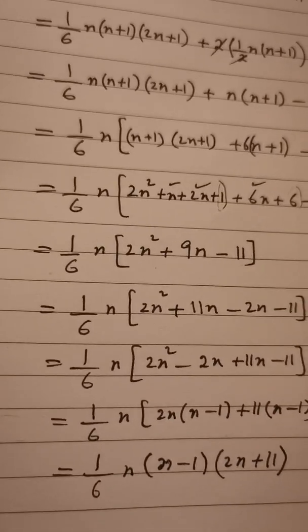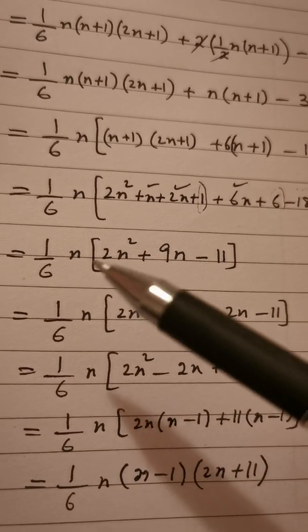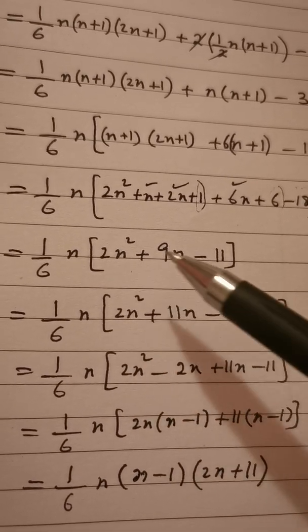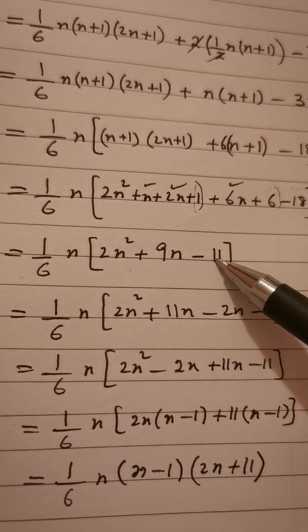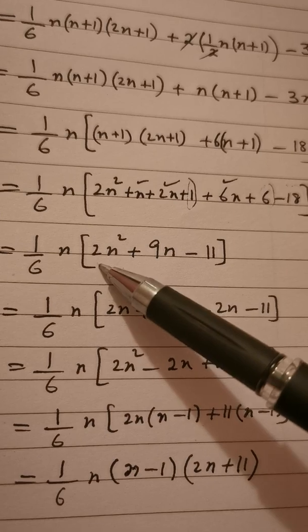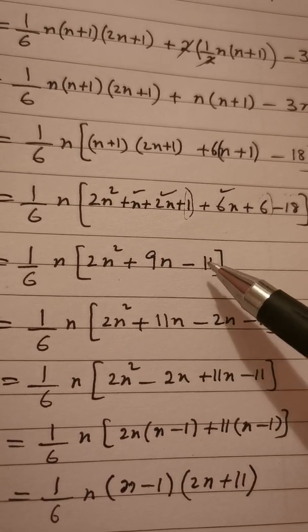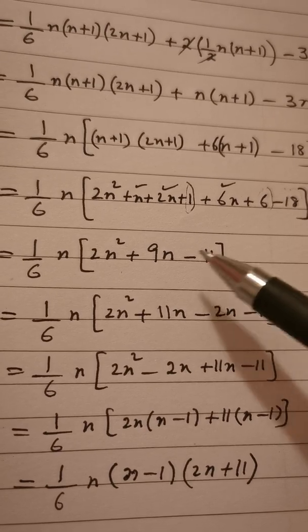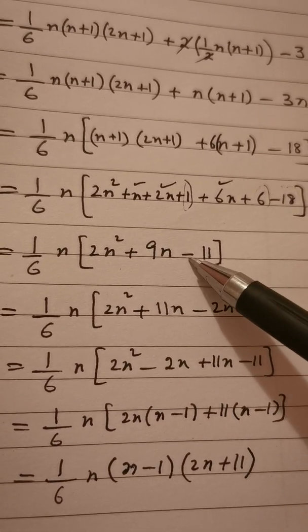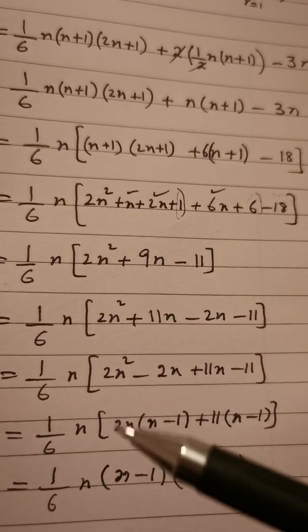Now we will find the possible factors, and for the possible factors we will use this formula. Multiply the coefficient of n square with the constant coefficient, it will give me 22. I will find the possible factors of 22, and I will take the factor that gives the answer when I subtract, because in this case we have to do subtraction, since the sign is minus, right?